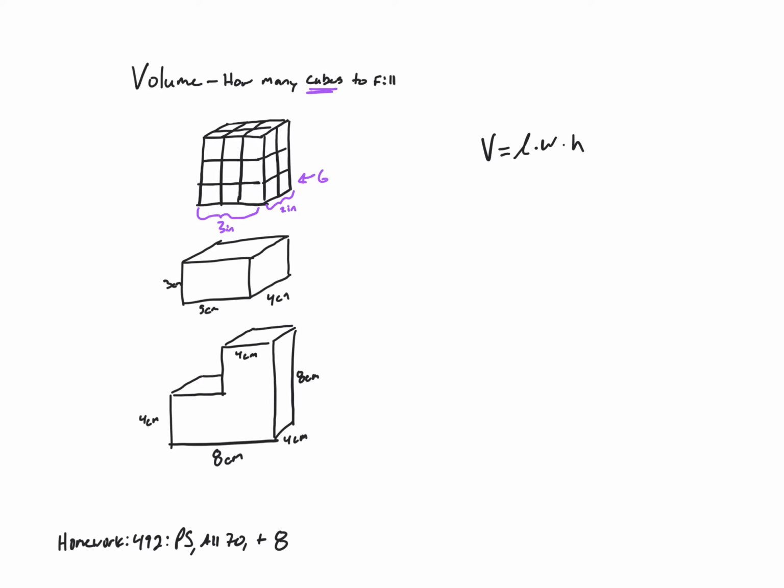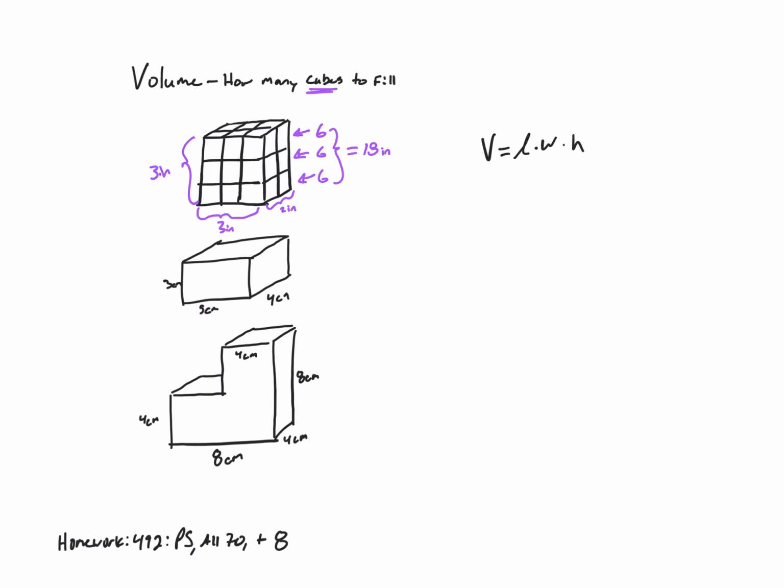Then you see how many layers tall you can go. This is, again, 3 inches. So there'd be 6 on my first layer, 6 on my second layer, and 6 on my third layer. If I combine those together, that gives me 18 cubic inches.